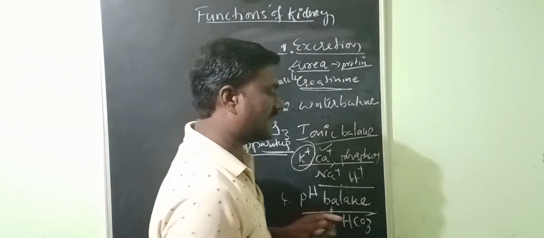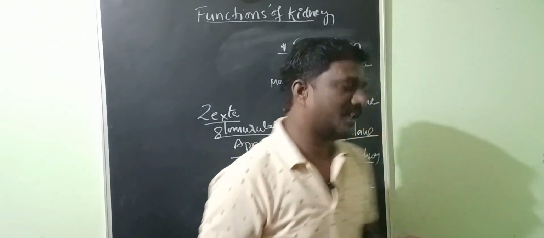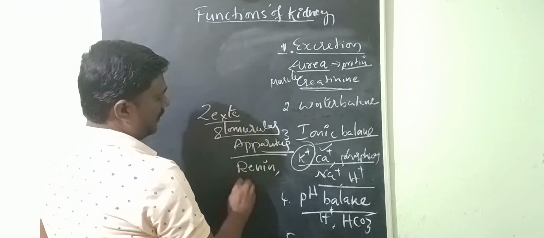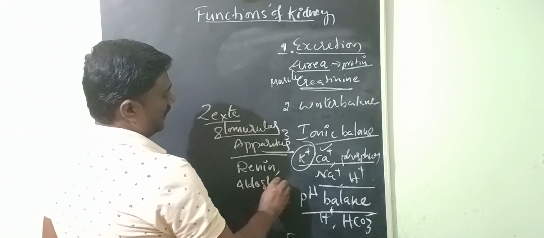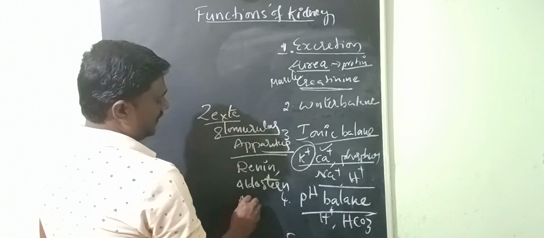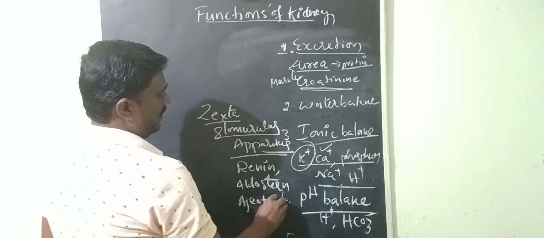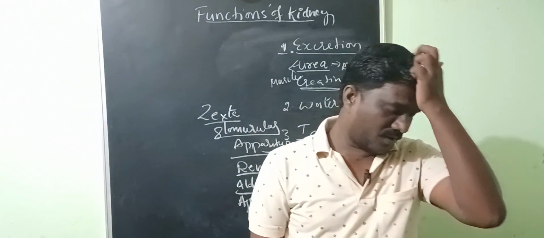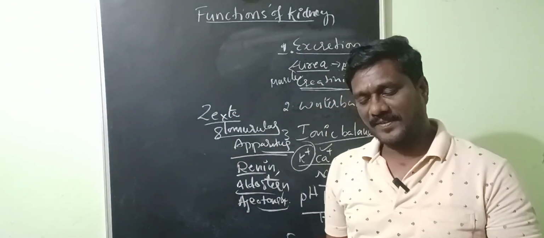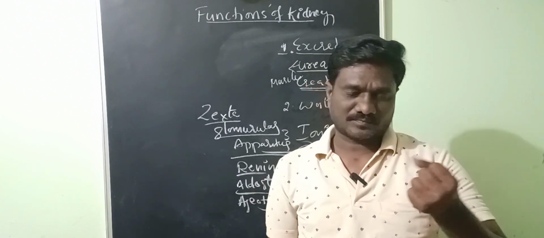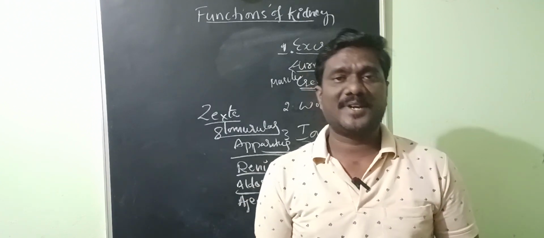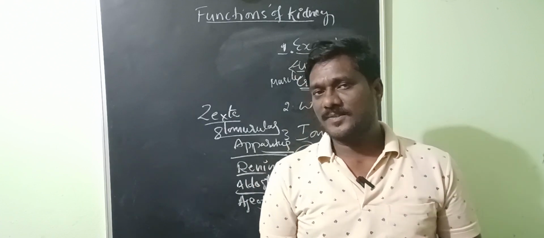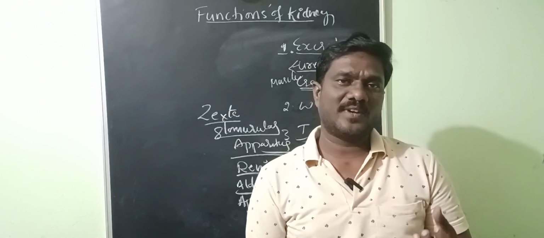These cells secrete some hormones: renin, aldosterone, and angiotensin. These help to maintain the blood pressure, and they also participate in vasoconstriction and vasodilation.